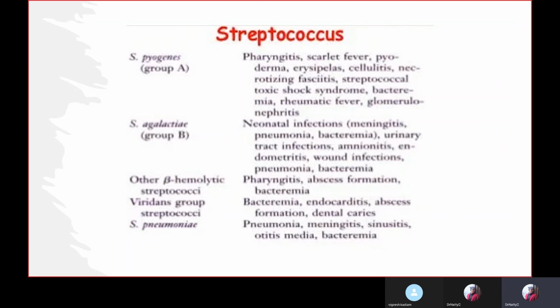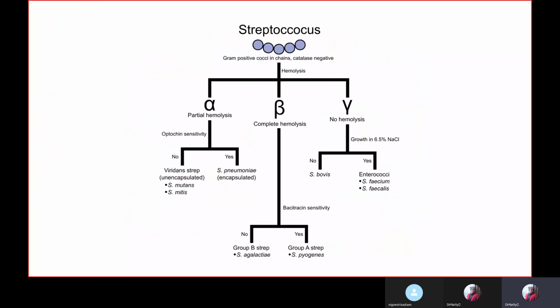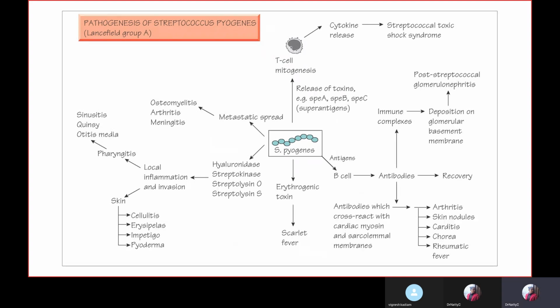It leads to various conditions: pharyngitis, scarlet fever, cellulitis, streptococcal toxic shock syndrome, rheumatic fever, and post-streptococcal glomerulonephritis.